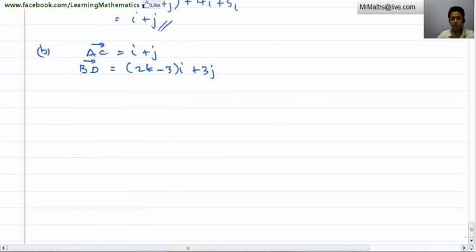Move the page down a little bit. Then BD is equal to, we put 3 outside, and then 1 over 3 of 2k minus 3 i plus j.